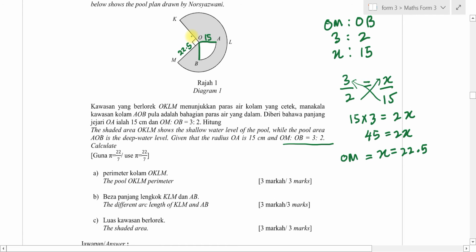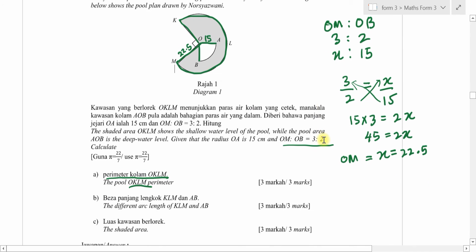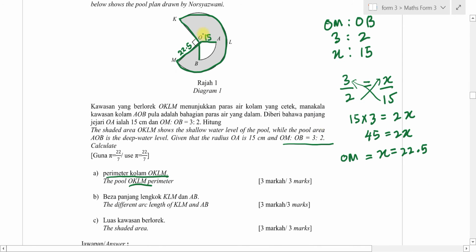Alright, now what does the question ask you? Find the perimeter of the pool OKLM. This one lah. Okay, the whole area, perimeter. Okay, so we know this one is 90 degree.